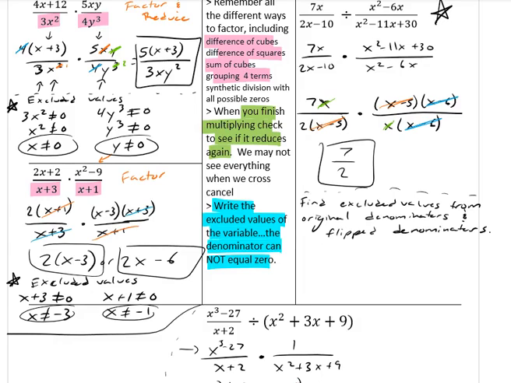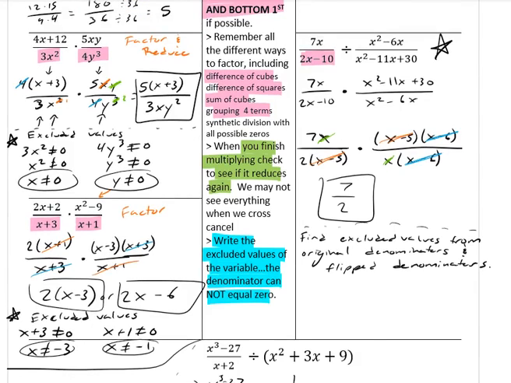So for example, I need to check my original, which is this one, and this one. And then when I flipped, I would also need to check out this one. So original would be this, and these, plus the flipped would be this. I'm going to do each in a different color just so you can see the difference.